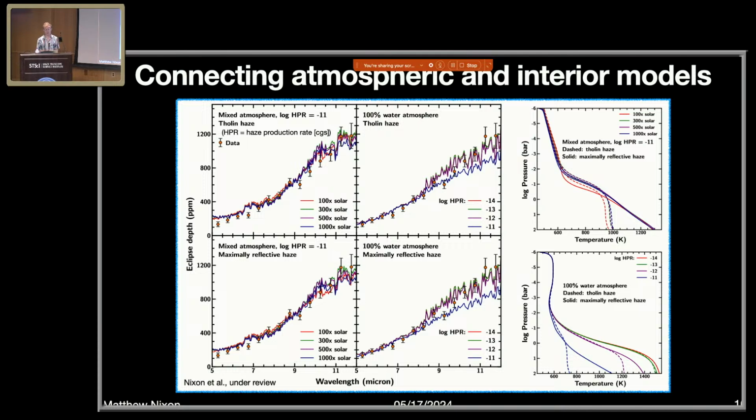For the mixed atmosphere case, it turned out that one particular haze production rate in our model grid provided a better fit, this 10 to the minus 11. Whereas for the water vapor atmosphere, you can vary the haze production rate quite a bit and still be consistent. So this is the range of models that I used as input to the internal structure, generated mass-radius relations, and tried to see what's consistent.